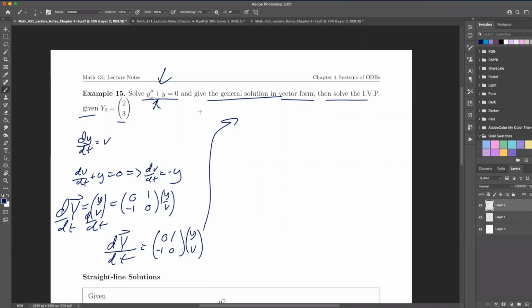Yes, it's K1 equals, now what is y? What is y? Do we know? E to the ix.